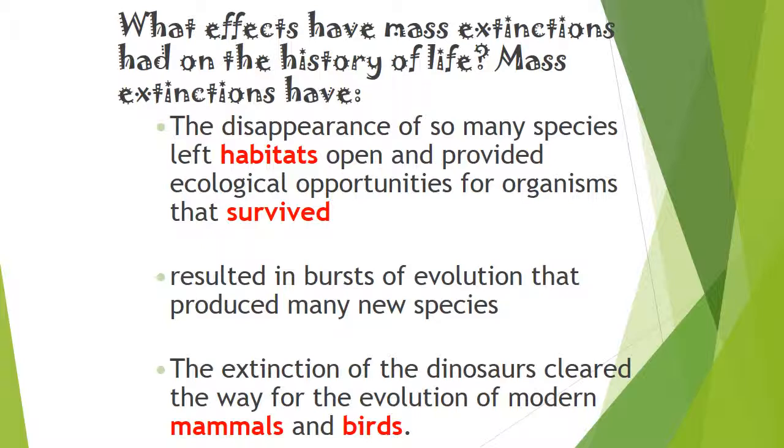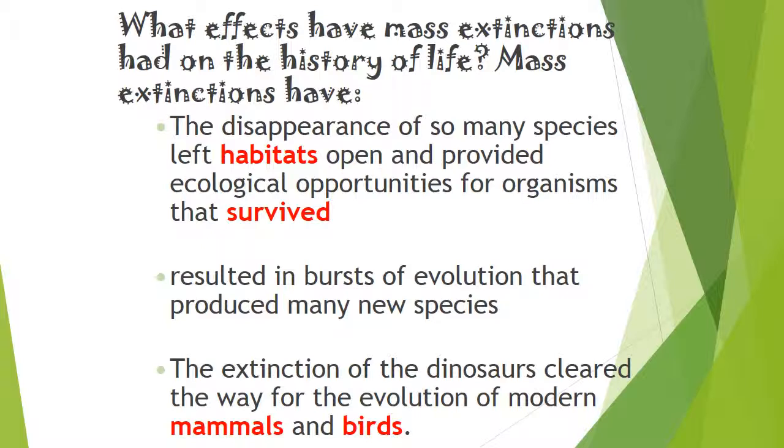And so that allowed some of those other organisms that weren't killed off during those mass extinctions to survive and thrive and then evolve. When mass extinctions occur, because of those habitats being opened up, new species could form.